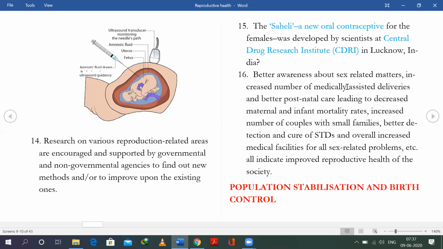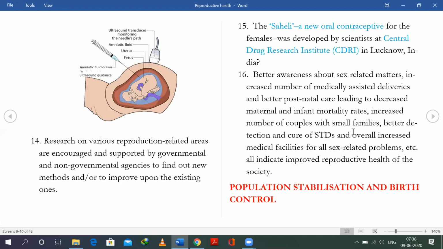When you do that, there will be a significant decrease in maternal and infant mortality rates, and an increased number of couples with smaller families. While you have these couples, you are creating awareness about contraceptives and educating them about the importance of small families. Obviously, awareness is created among people of marriageable age.